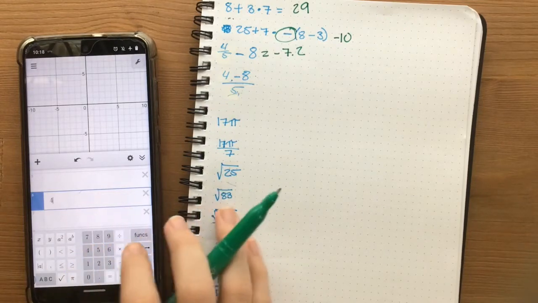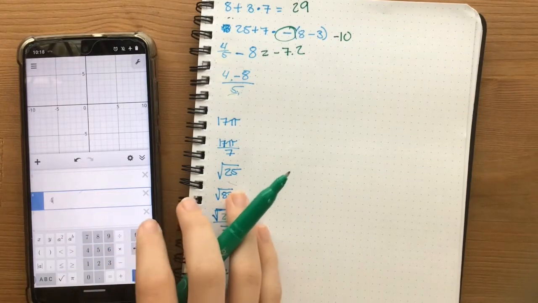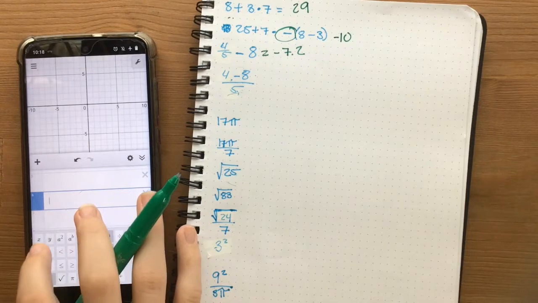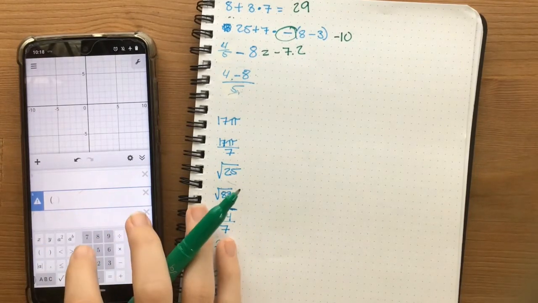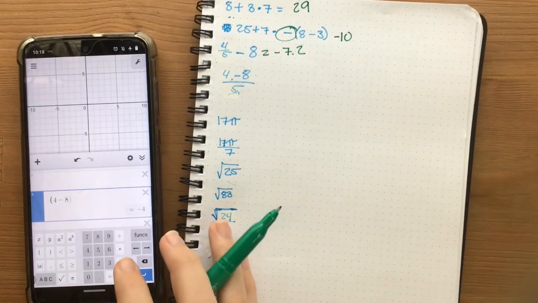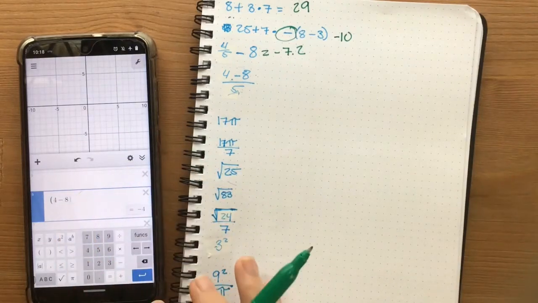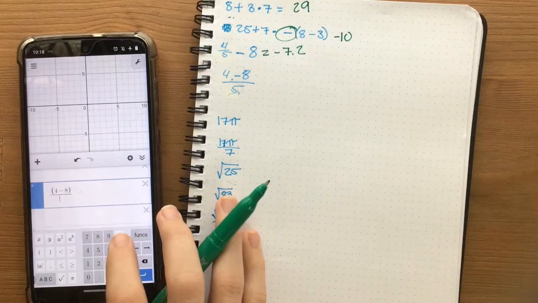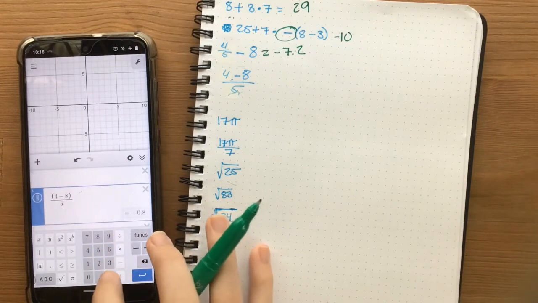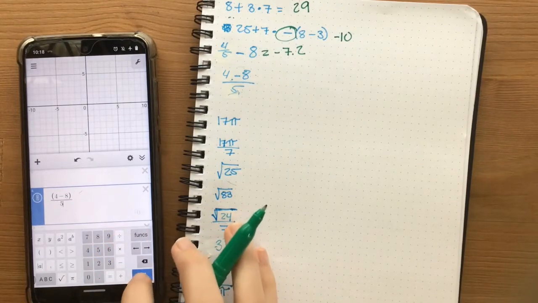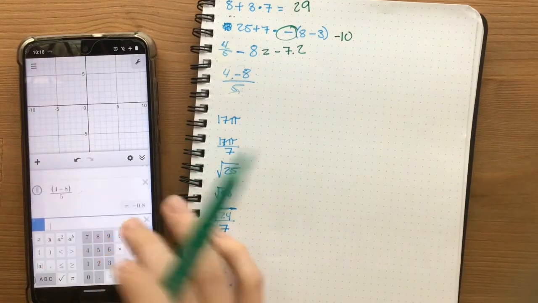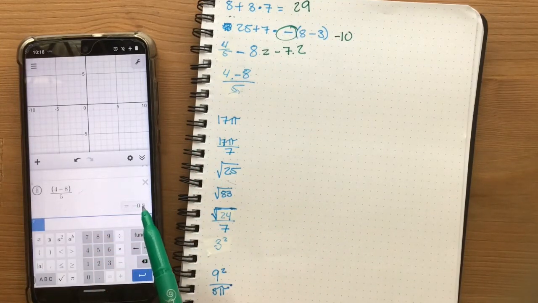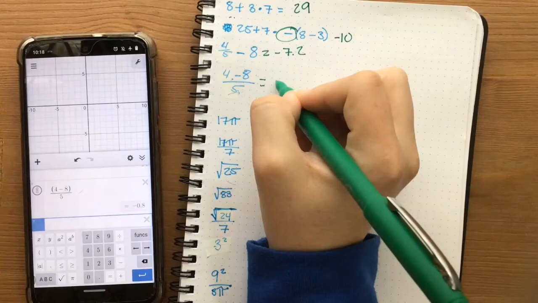I'm going to use parentheses. So open parentheses, 4 minus 8, that's telling the calculator I want that one thing to be grouped together. Then I'm going to use that division sign, divided by 5. Oh, and then I press the equal button. Okay, so negative 0.8 or negative 8/10 is what you get.